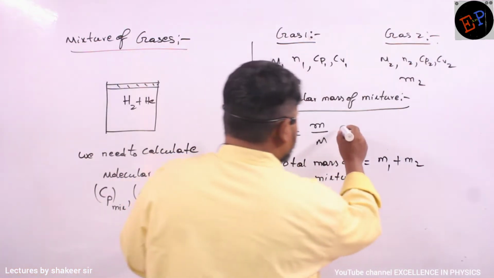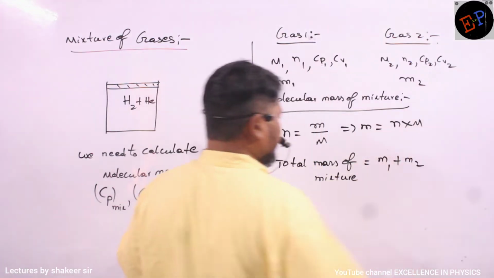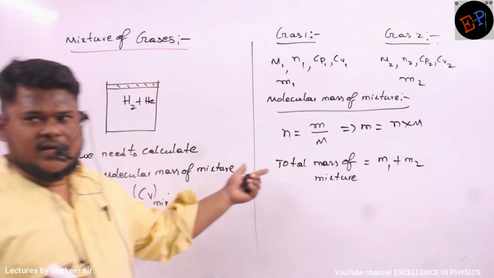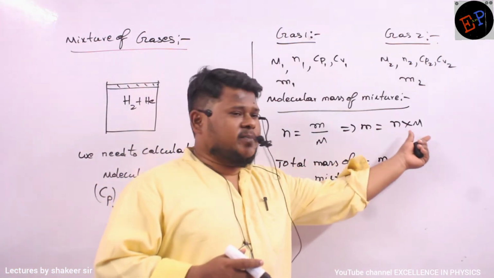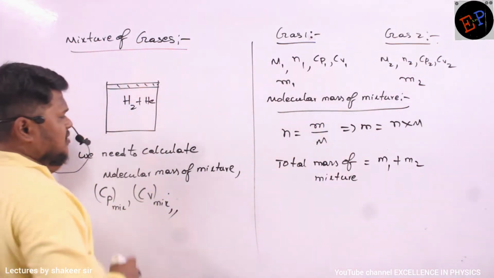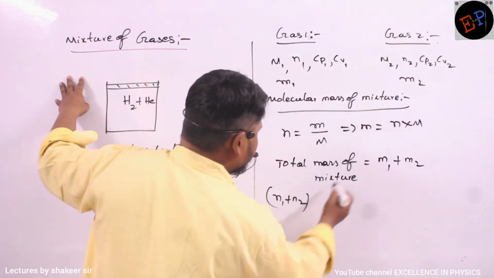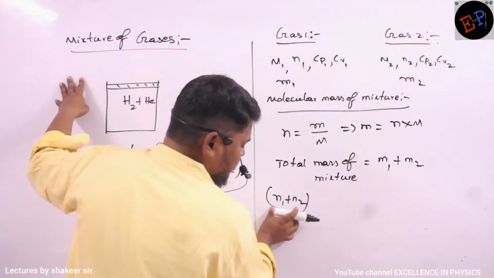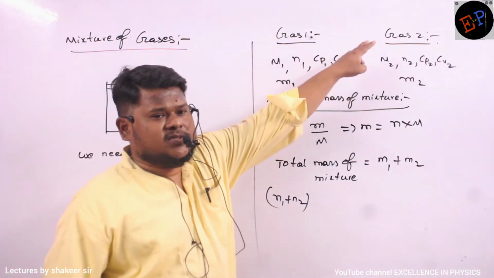And the total mass, how can I write it? Total mass can be written as number of moles multiplied by molecular mass. Total mass of the mixture is equal to n multiplied by capital M. So for the total mixture, how can I write? The total number of moles is n1 plus n2, no? n1 is the moles of the first gas, n2 is the moles of the second gas.